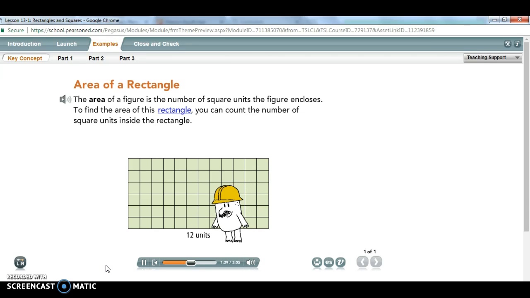This new rectangle has a base of 12 units and a height of 6 units. Now there are way too many squares to count. Look for another way to count the squares.